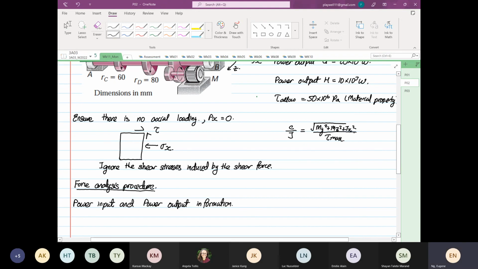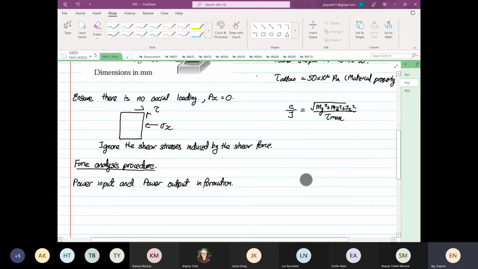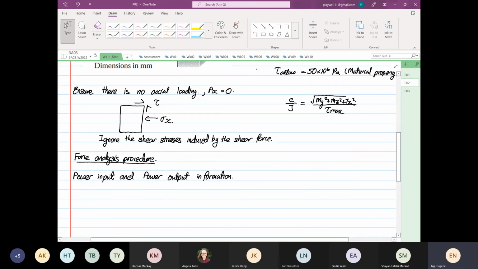The formula to link power to torque, there's only one. I think you learned this in 2D or even in first year. So power in general is equal to 2 pi n T over 60.